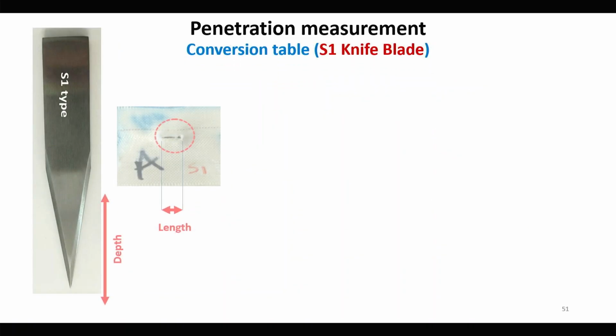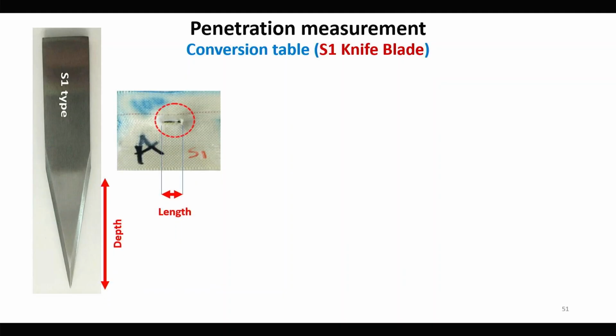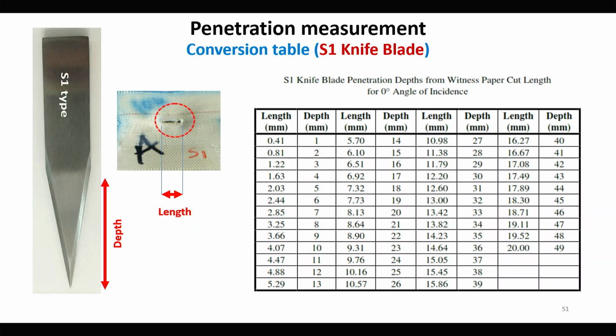Similarly, for S1 type knife, where the depth chart is different from P1 type. So, accordingly we can calculate from the witness paper. S1 blade penetration depth from the witness paper cut length for 0 angle of incidence. Again, angle of incidence is also important.